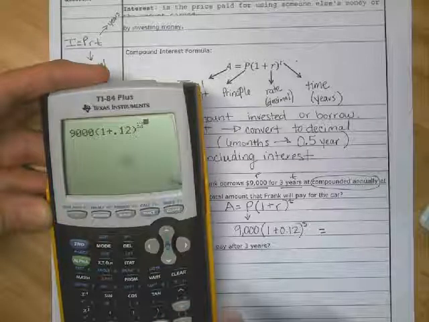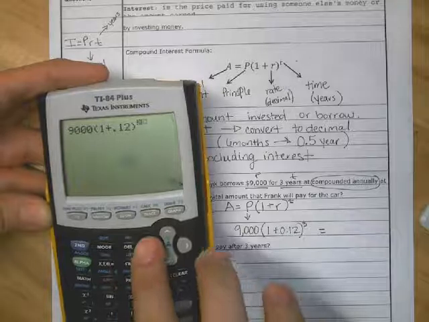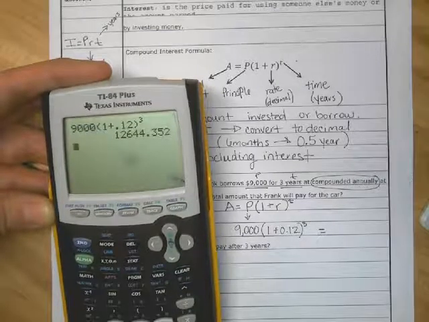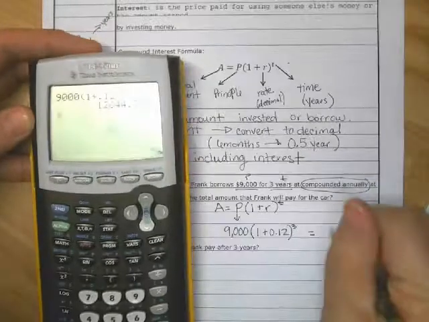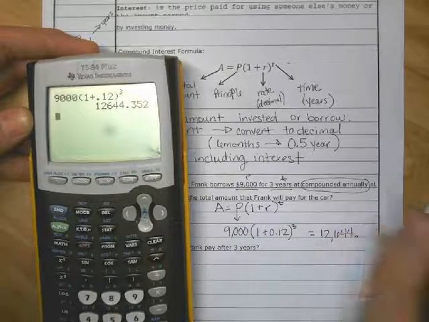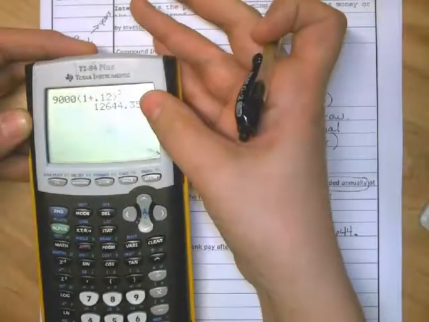I'm going to delete this one. Little caret button, and then 3. And then I'm going to press enter, and my amount is $12,644. And don't forget, we want to round it to the hundredths place, so that's actually 35 cents.